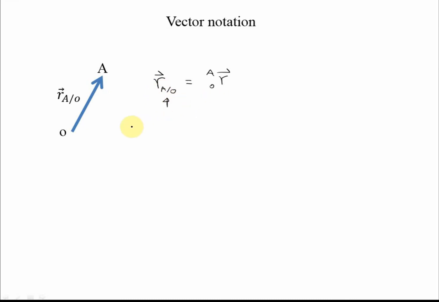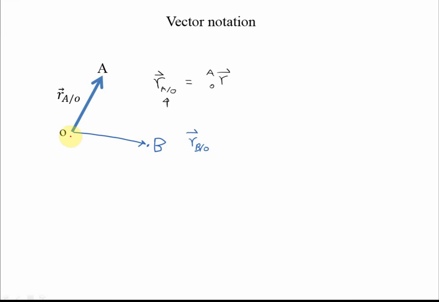Okay. And if you want to add another vector, let's say this is point B. Then you can say, oh, this is vector R pointing to B from O. Okay. And I told you that a vector has a direction as well.